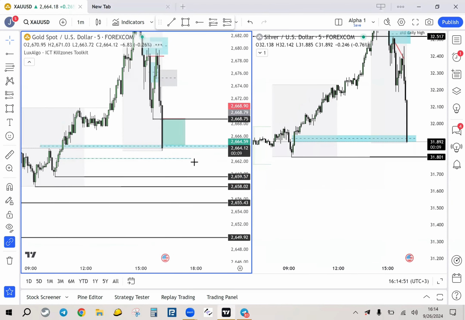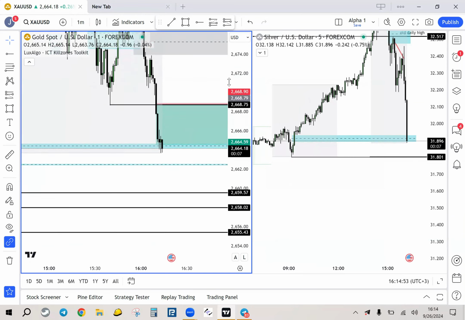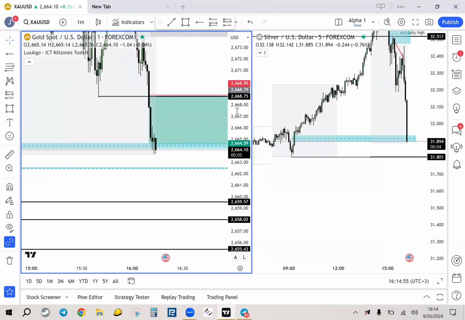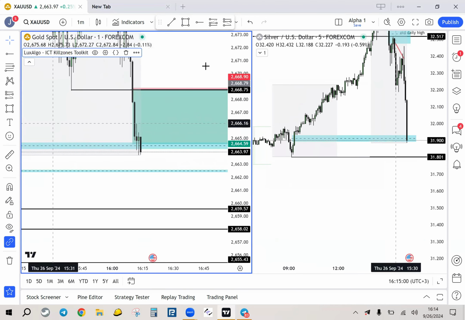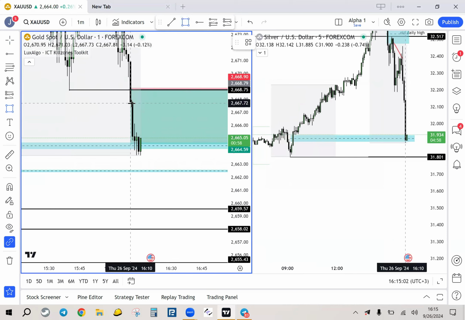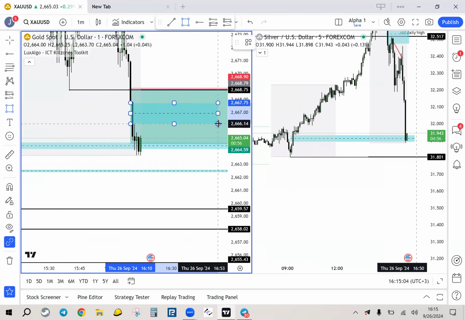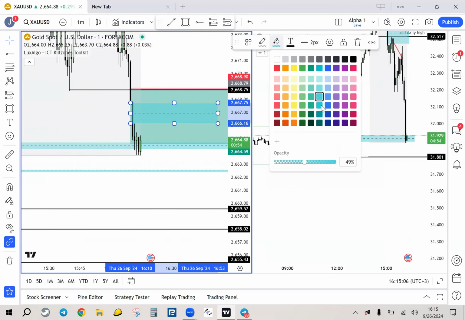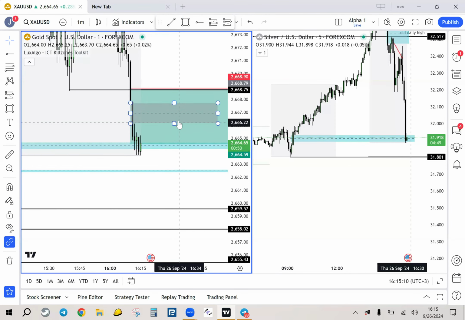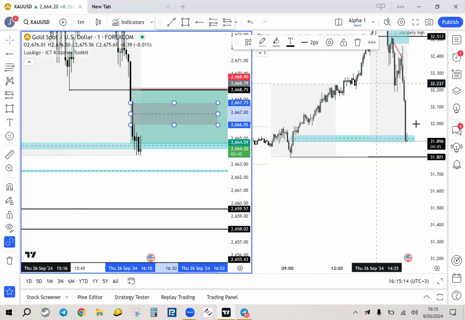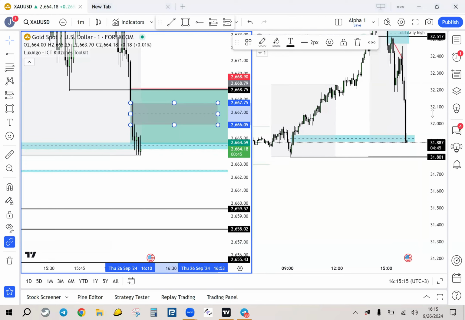Right now I really want to check the 1 minute, see what is going on. So we formed this thing in here. It might want to rebalance that, although I would not want to see it rebalance in here, because if it does that, think about what that would mean from a price action perspective.